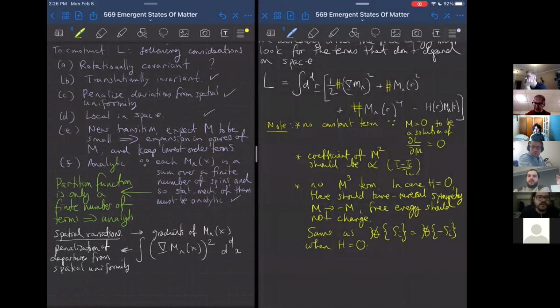I have a question. What about higher derivative terms? So you could add higher derivative terms. If I had higher derivatives, that would be in k space.